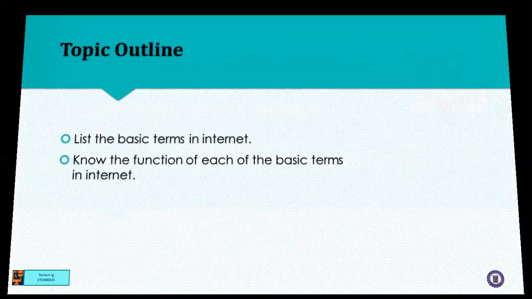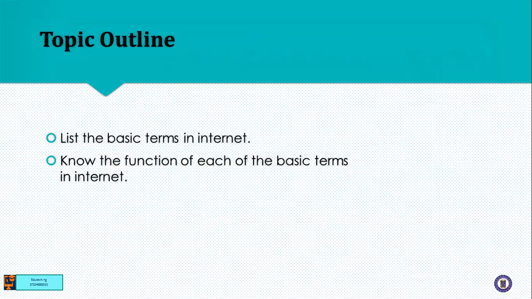Let's proceed. Topic outline simply means what we are going to achieve within the time given to us. First, list the basic terms in internet. Two, know the function of each of the basic terms in internet.